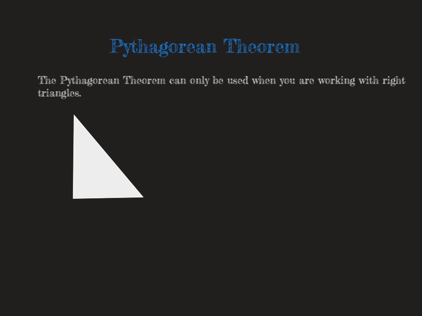So let's see an example of this. We're going to be looking for the value of c. So we're going to say that this is c, and then we're going to have 3 down here and 4 right here. And again, this is going to be a right triangle. So the first thing that we need to do is write the formula. We have a squared plus b squared equals c squared.